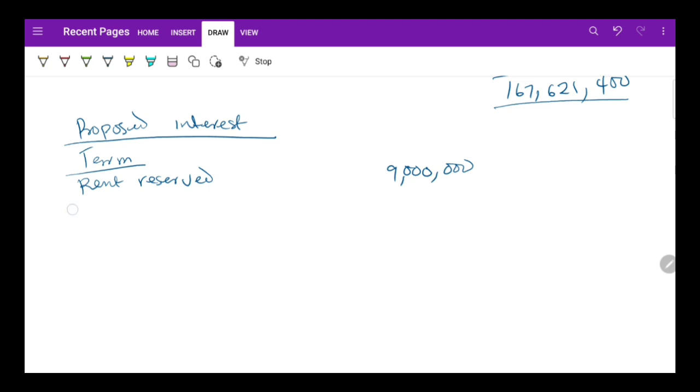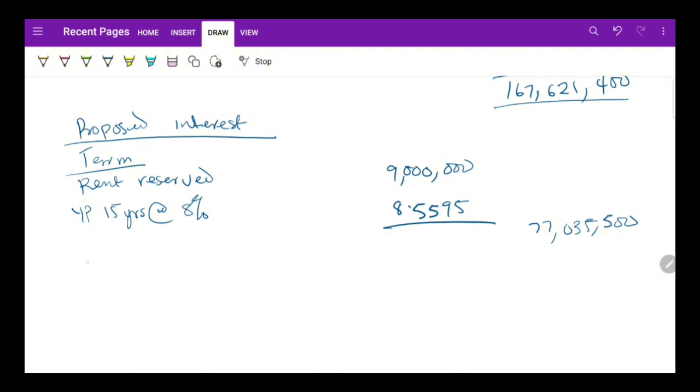And then we capitalize that using YP 15 years, which is the proposed term, at 8%, and that gives us 8.5595, and multiplication of this gives us 77,035,500.